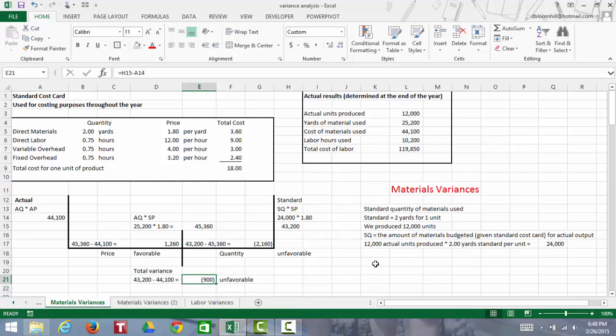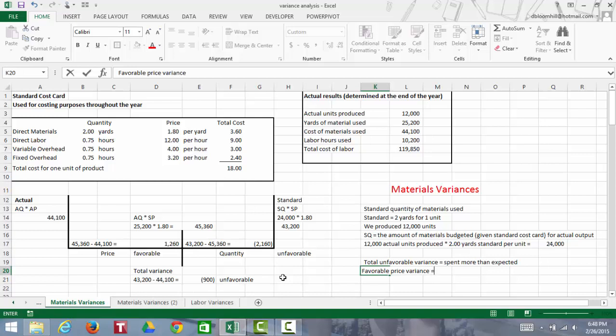So let's think about in English terms, not in numbers, what this actually means. First of all, the total unfavorable variance just means that you spent more than you expected. Now, by breaking it up into price and quantity, we can actually see where the problem happens. So the favorable price variance means that you paid less per yard than you expected.